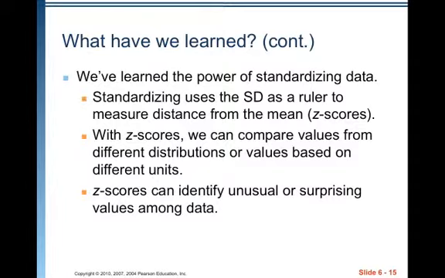Standardizing uses the standard deviation as a ruler to measure distance from the mean, and that gives us z-scores. And so the z-scores tell us how many standard deviations above or below the mean a particular observation lies. With z-scores, we can compare values from different distributions or values based on different units. Z-scores can identify unusual or surprising values among data.